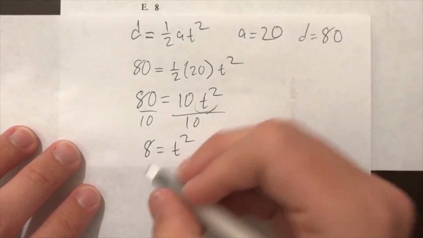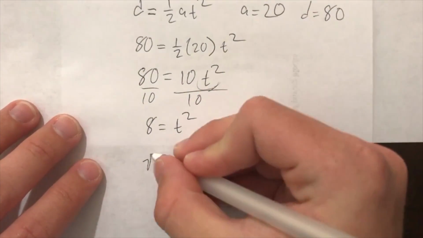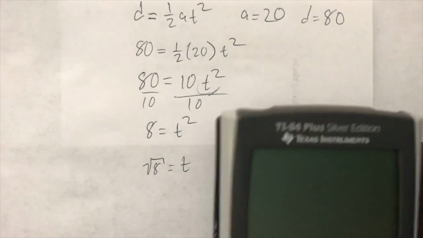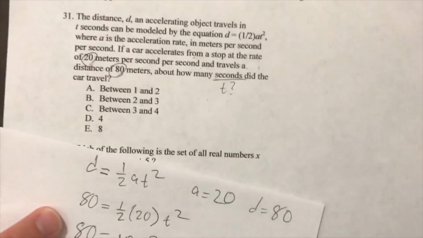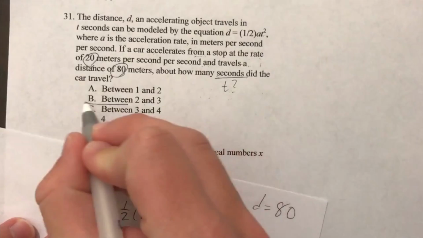So simplify again. We take the square root of both sides. Square root of 8 equals t. Now, if you have a calculator, let's use it. What is the square root of 8? 2.8. So in between 2 and 3. That is one of our answers, B, between 2 and 3.